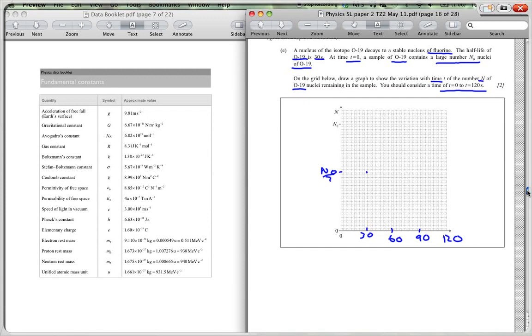Then at 60 seconds, you would be half of that again. That would be N0 over 4. So you'd be somewhere over there. After 90 seconds, this would halve again, so it would be N0 over 8. Like that. And after 120 you'd be at N0 over 16. So you'd have something like that, a graph like that.